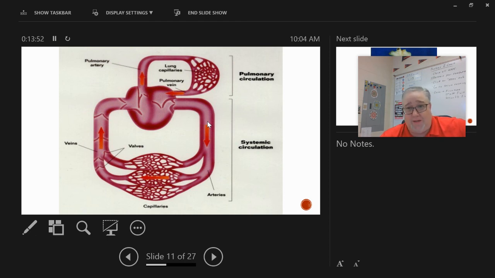Your arms, your legs, your liver, your brain, wherever. So pulmonary is to the lungs and back, and systemic is to the rest of the body and back. Make sure we understand what those two terms mean, and that will make a lot more sense when we get into the heart and the anatomy of the heart on the next couple of days.